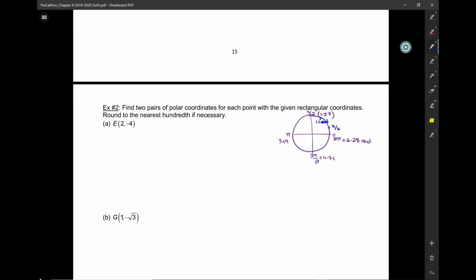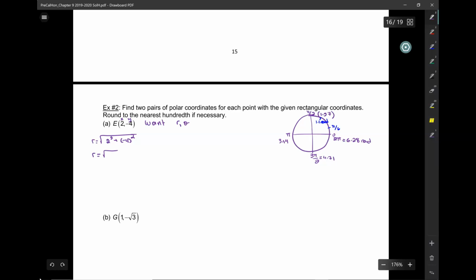Okay, all right, so let's just go ahead and do this. I have here rectangular coordinates, x comma y, and I want to find r comma theta. We just said r is the square root of x squared plus y squared, so 2 squared plus negative 4 squared.